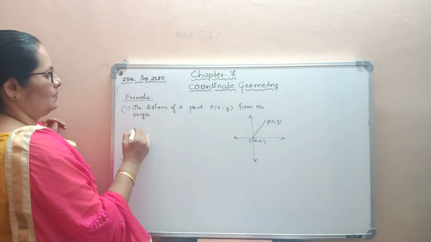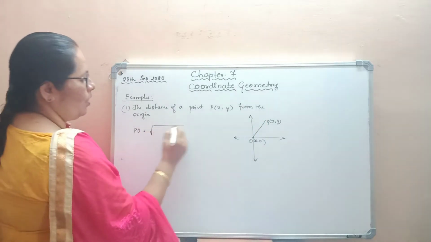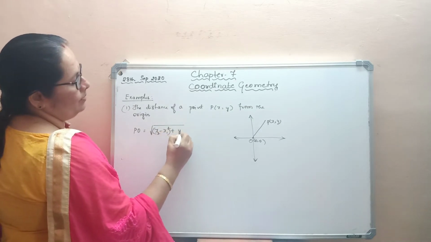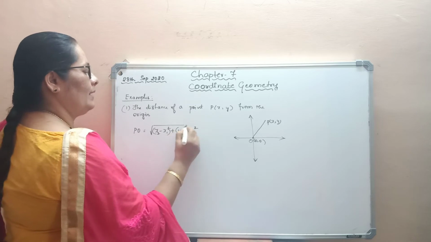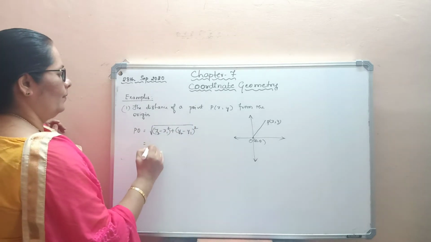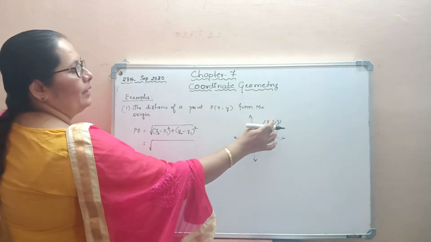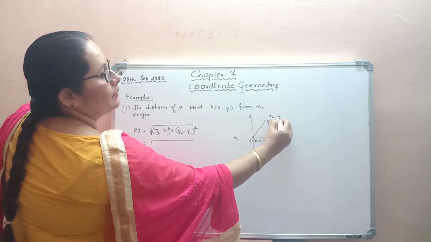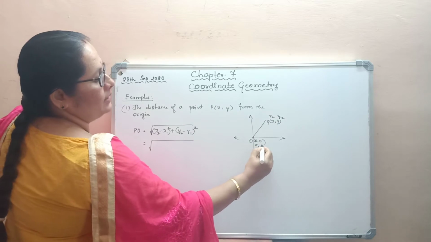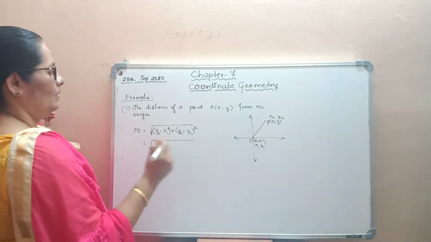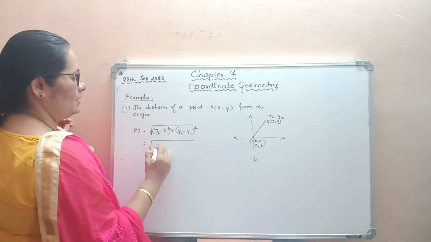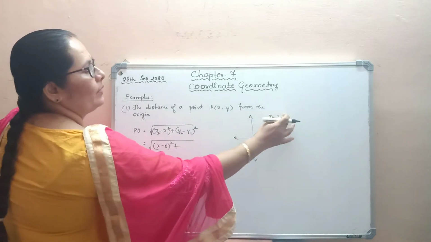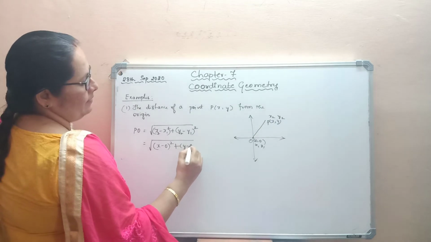So, the distance PO is equal to root of x2 minus x1 whole square plus y2 minus y1 whole square. So, this is x2, this is y2, and this one is x1, y1. Now, x2 is x, and x1 here is 0. Then y2 is y and y1 is 0.